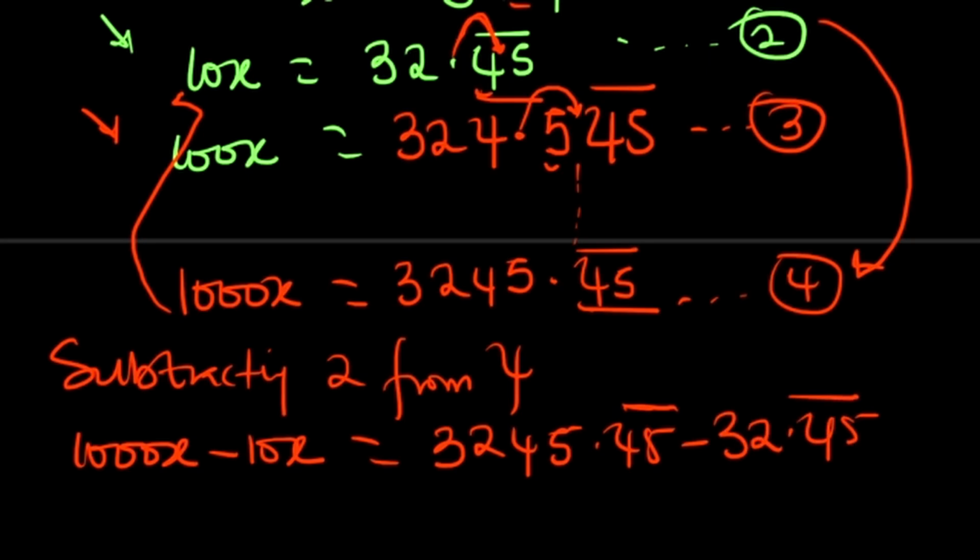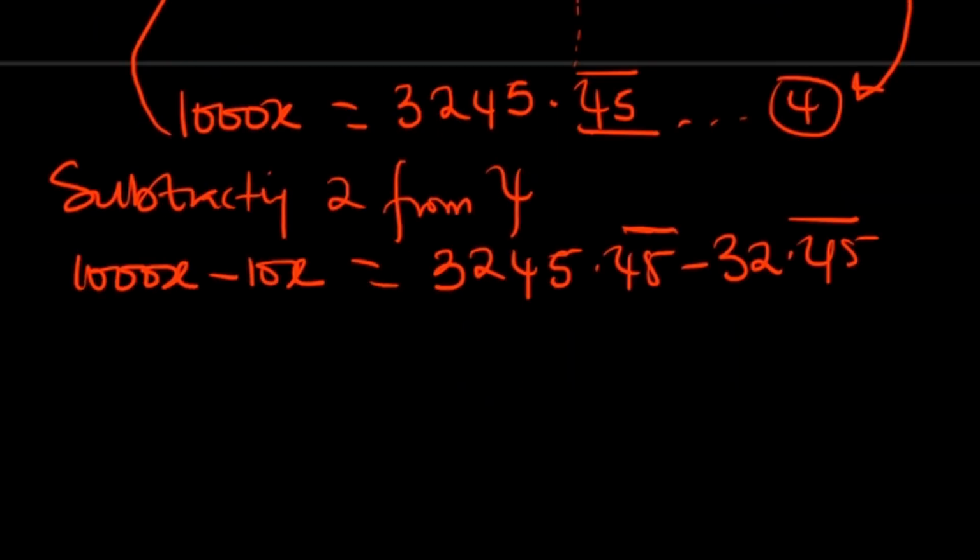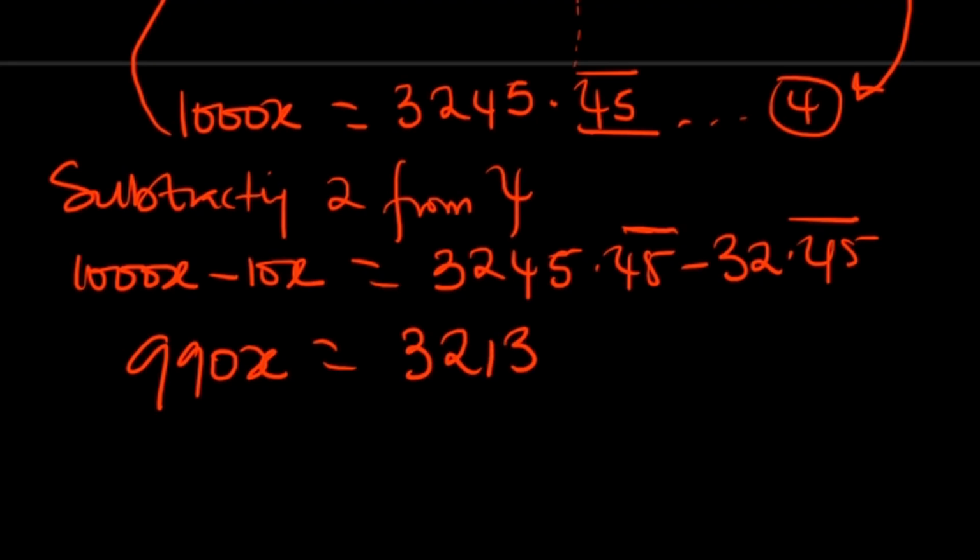Now let's subtract. 1000x minus 10x will give us 990x. We have 990x is equal to 3245.45 minus 32.45. We have 3213. And that implies that you can see that we have eliminated successfully the repeating decimal.